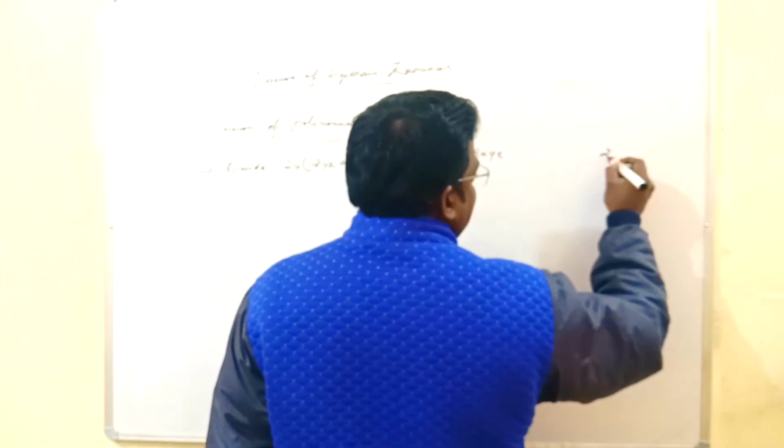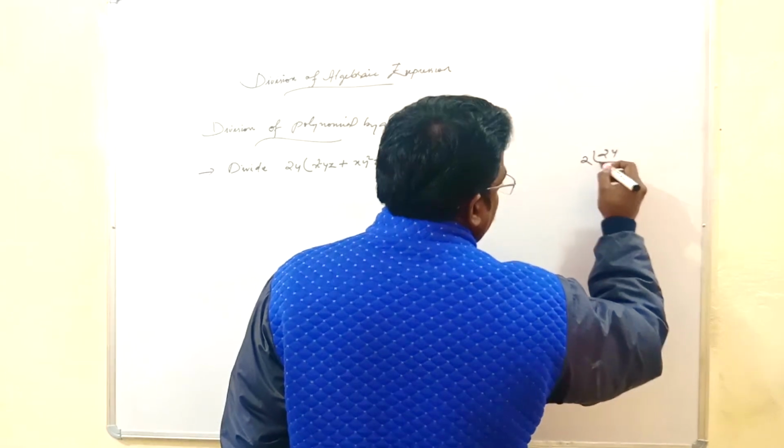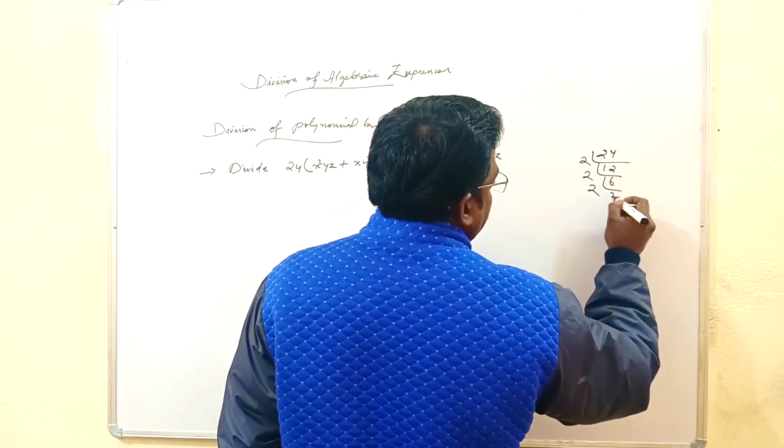This 24 can be factorized: 2, 12, 2, 6, 2, 3.